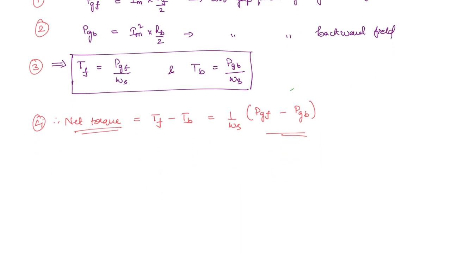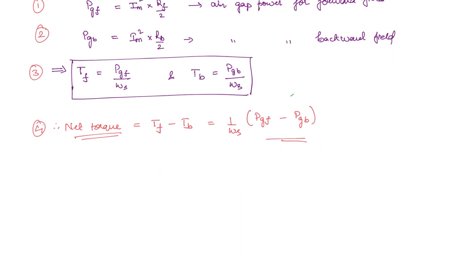Now we can also see the rotor copper losses. What are the rotor copper losses? It will be slip times the air gap power. So the rotor copper losses corresponding to the forward field will be s times the forward air gap power.